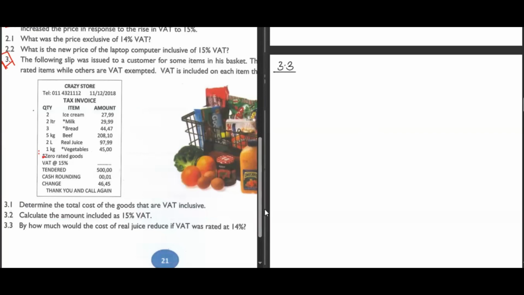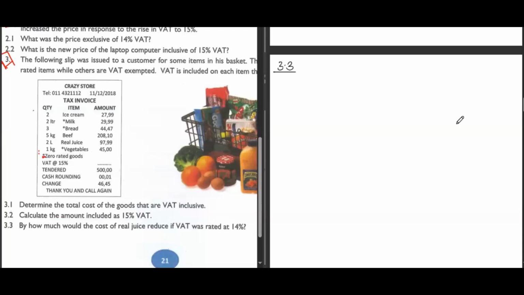So what you're going to do here is first and foremost identify the price. So real juice was 97 rand 99 cents. But this one here has 15% VAT.